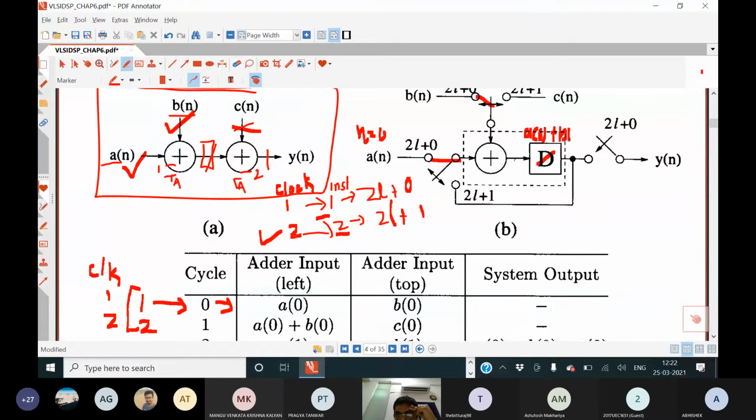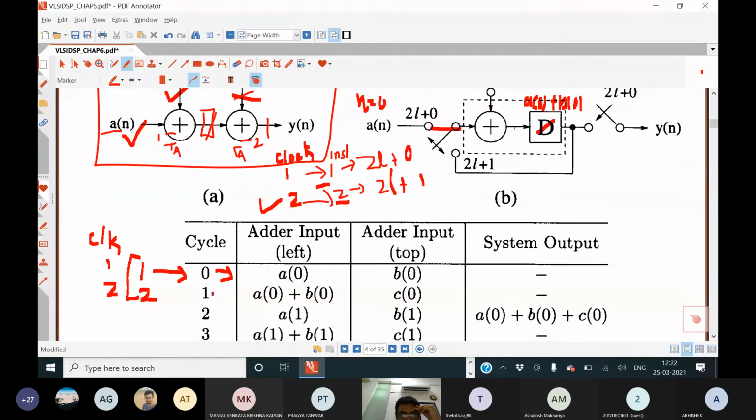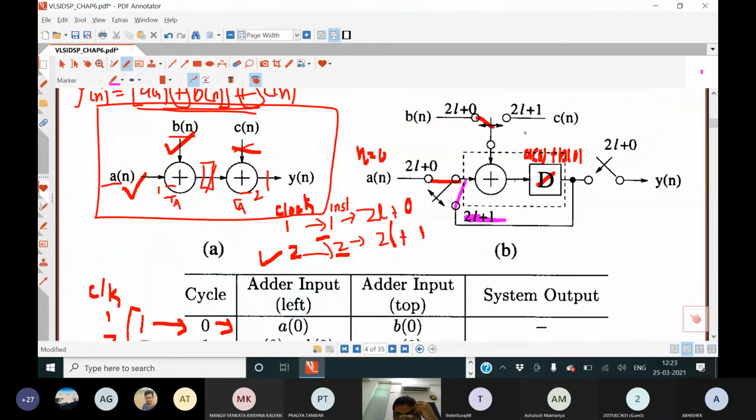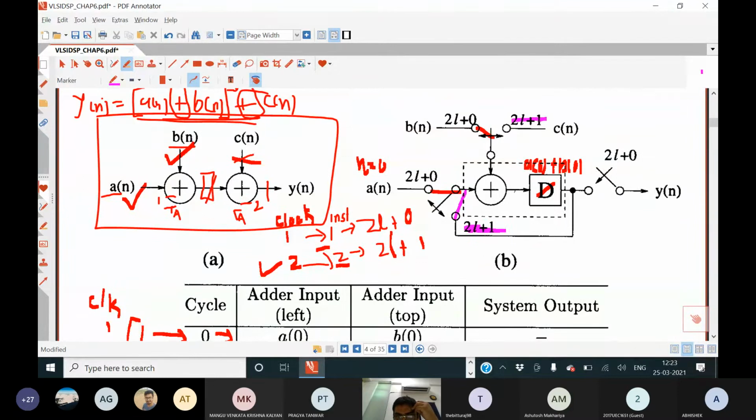That output will be available in the next clock, that means clock cycle 1 when it is being executed. At that time the switch will be in this particular position. So let me show with another color. This is the position of the switch at this particular instant.